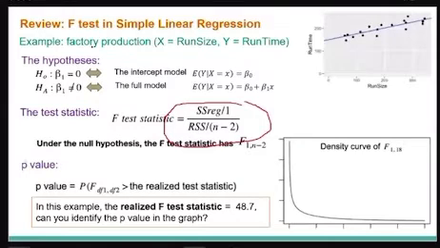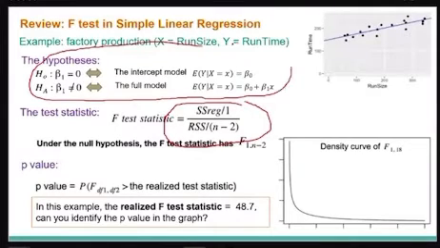Here, we are comparing an intercept model and a full model. A full model here is a simple linear regression having just one explanatory variable. We can also have a situation whereby we're comparing an intercept model with a full model that has more than one explanatory variable, which is what we want to do here.